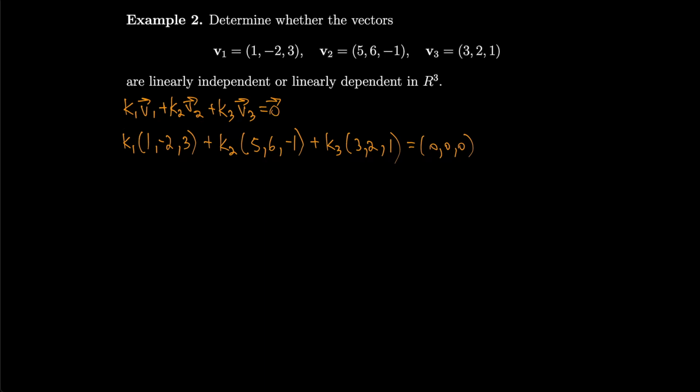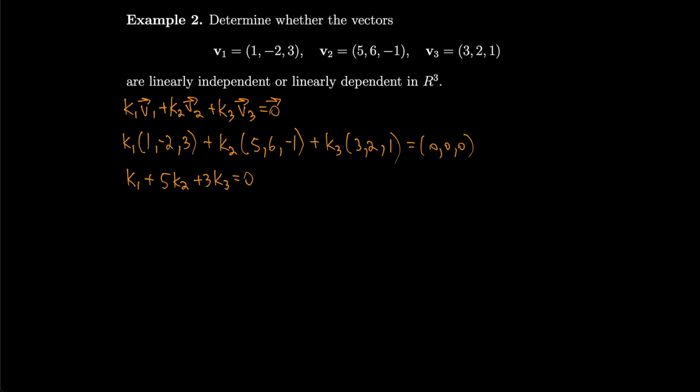So all of that together has to equal 0. That means that k1 times 1 plus 5k2 plus 3k3 has to equal 0, just by looking at the first component for each one and equating those.